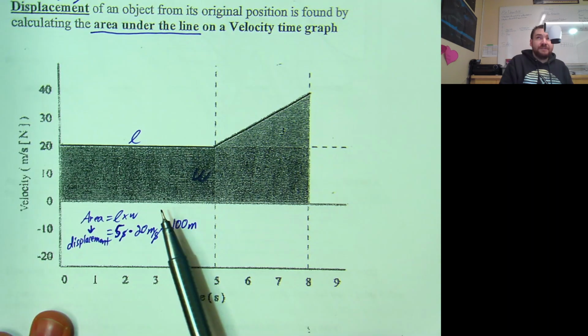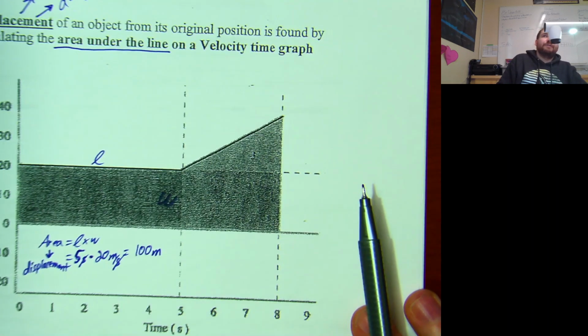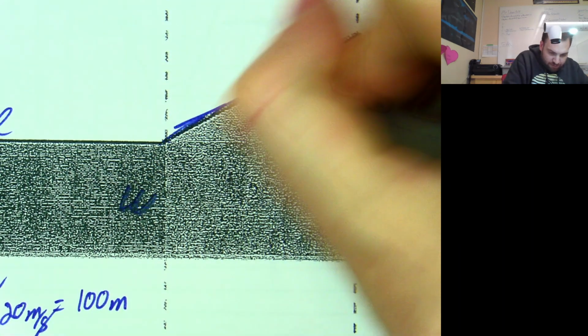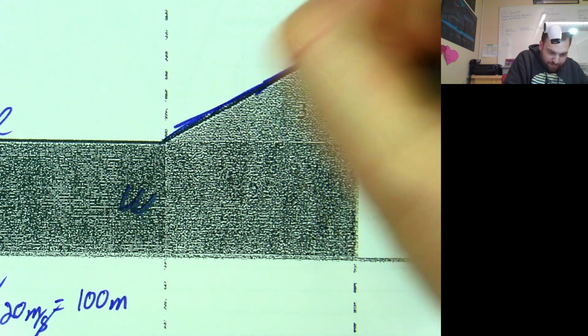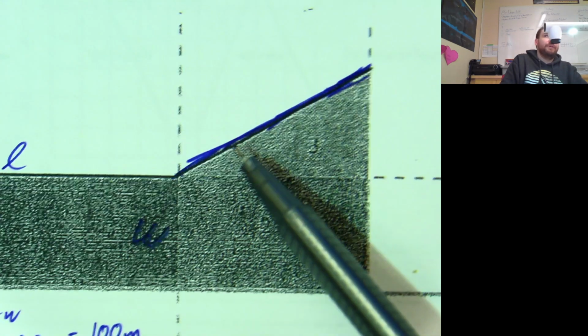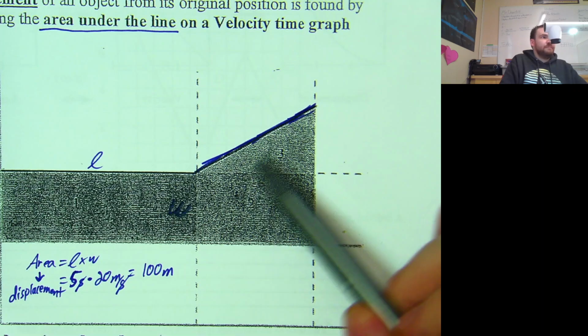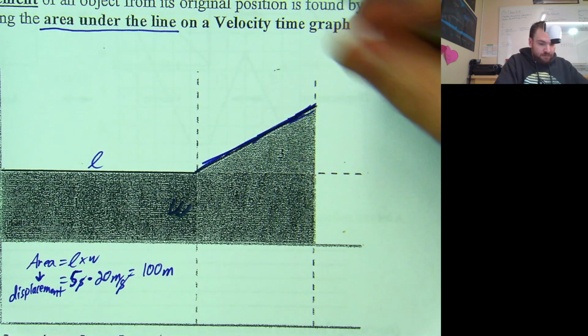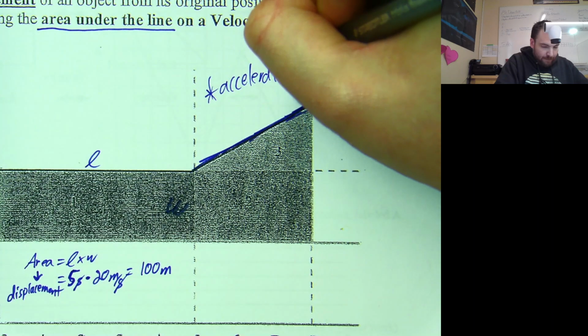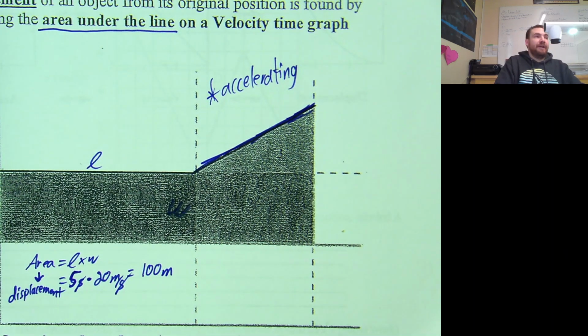So we've done this first piece. What you need to recognize here is that for this chunk, the displacement while our object is doing what with a curved upwards line? It's accelerating. While it's accelerating, it's undergoing a change of position.